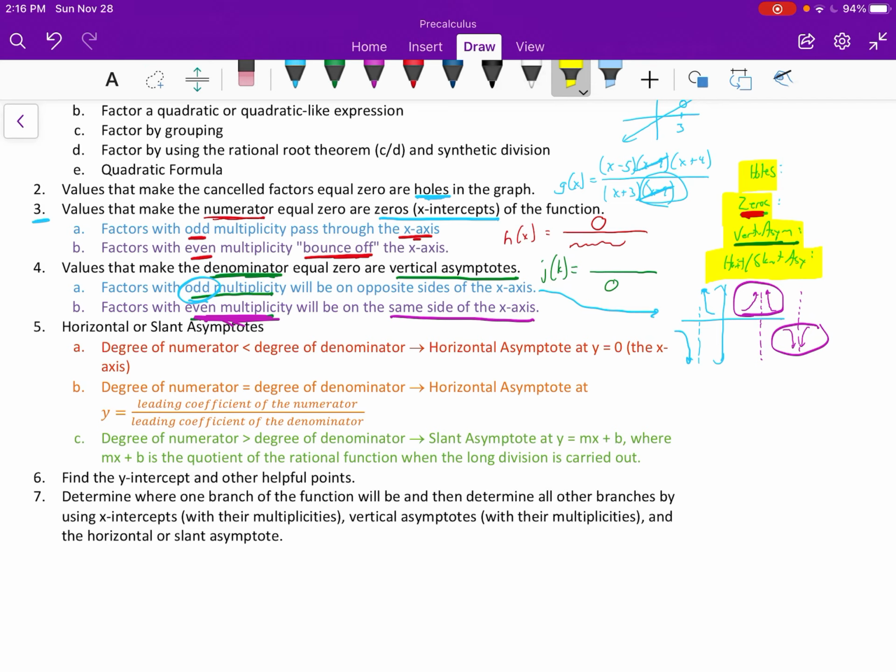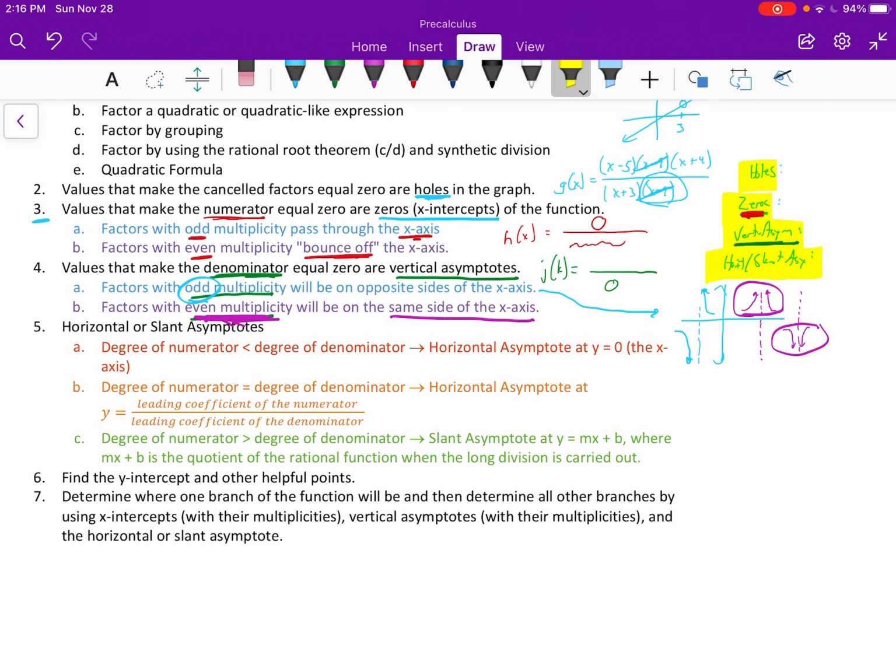Now, just to recall, the degree is, if you look at the terms in the numerator and the terms in the denominator, the one with the highest exponent on the variable.